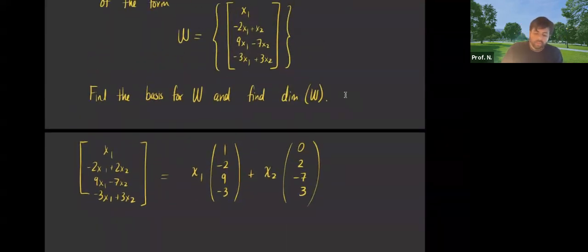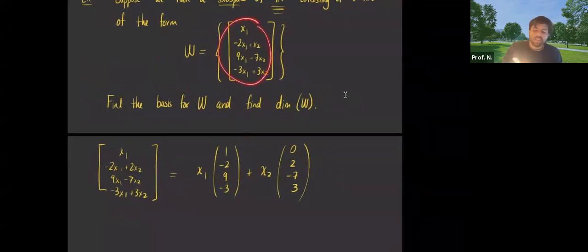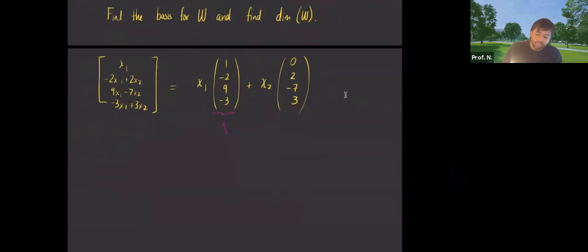So what did I just do? I just rewrote this and split it up, utilizing the different variables x1 and x2. How many vectors do I have? I got 2 vectors.